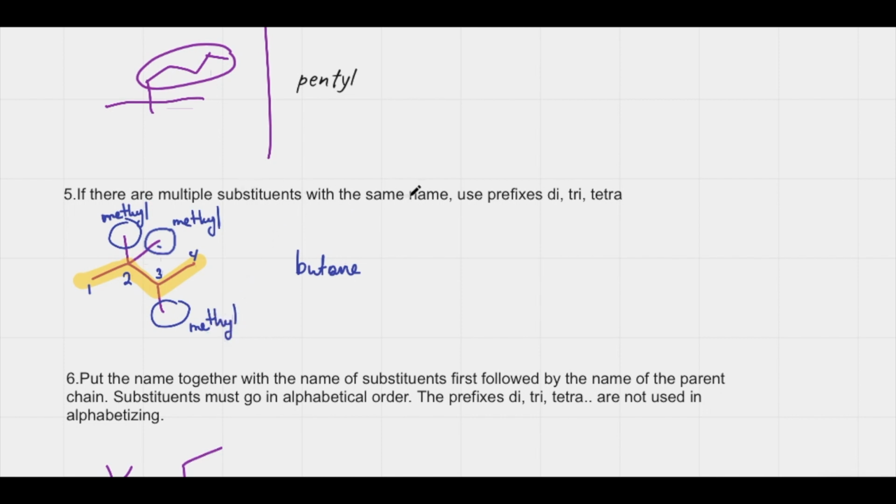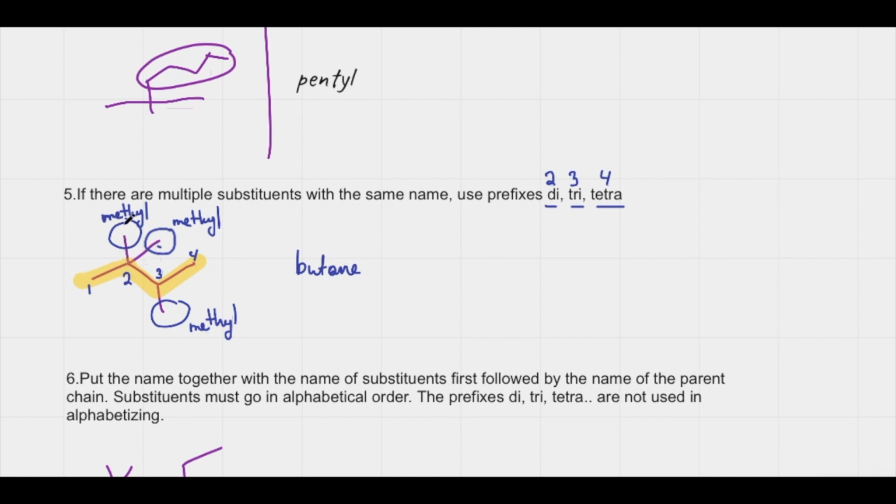When we have the same substituents, for example, 3 methyl groups, we have to use prefixes di, tri, or tetra. So here we have 3 of them. Di is for 2, tri is for 3, and tetra is for 4. We have 3 of them, so it will be trimethyl. And we also have to signify where our substituents are located.